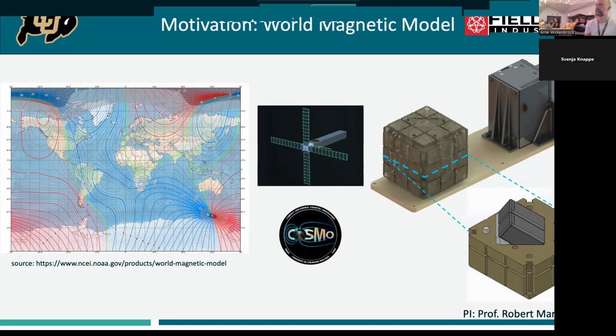That's a model that NOAA is making, and it's a predictive model of what Earth's magnetic field will do in the next 5 years. That's important if we start to make maps for navigation and things like that. How is Earth's magnetic field changing? So they're interested in sending magnetometers up there.